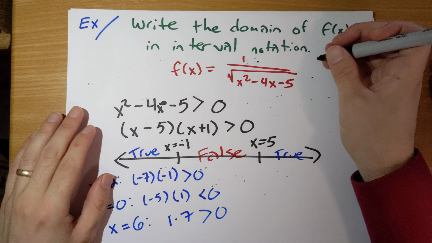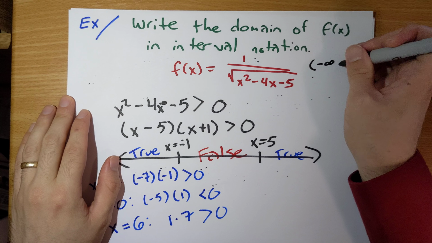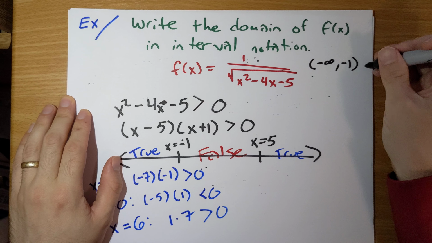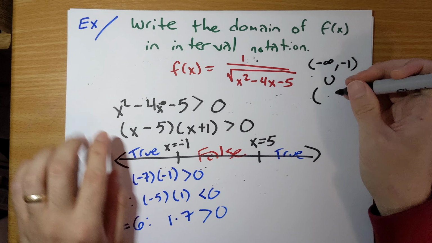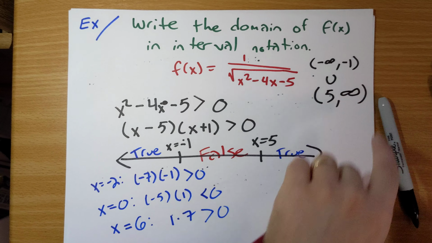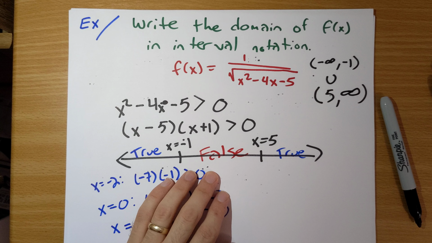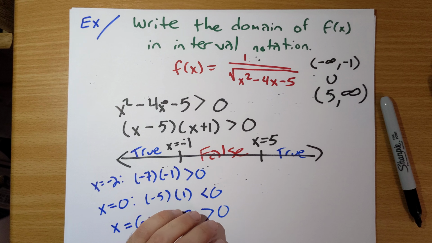So the domain is negative infinity to -1, union 5 to infinity. Open parentheses because we don't include the endpoints. Okay, so hopefully these examples of using the sign chart were instructive.